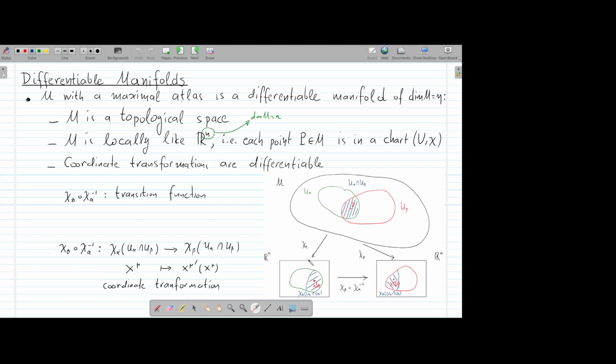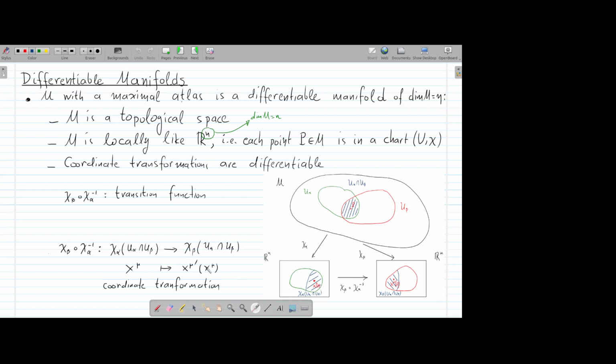For that, we can use the inverse of chi alpha and go from x mu to the point P, and then use chi beta to go to the coordinates x mu prime. This map is denoted by what is written here, and defines a function from a subset of Rn onto another subset of Rm.